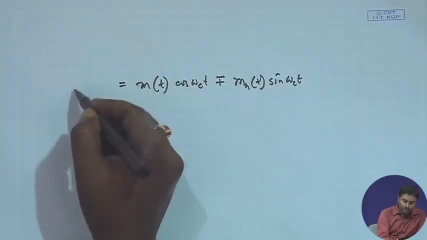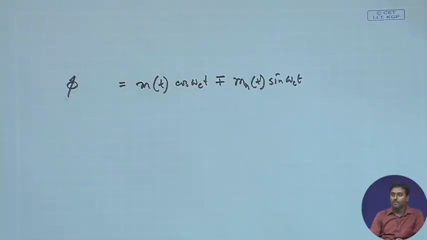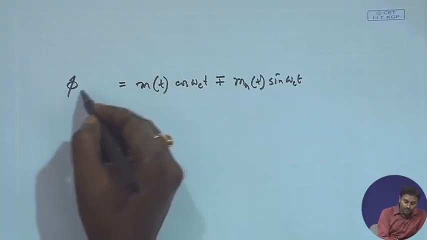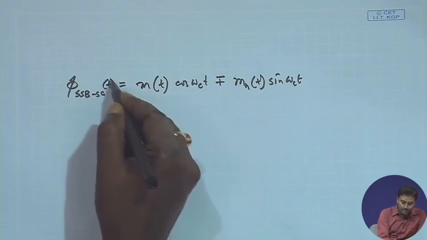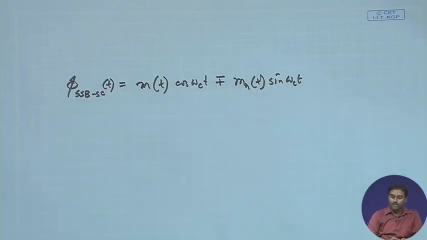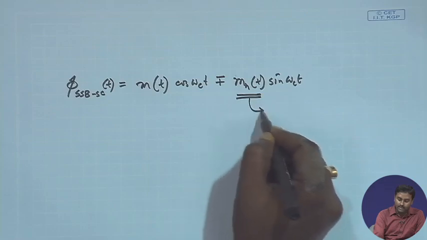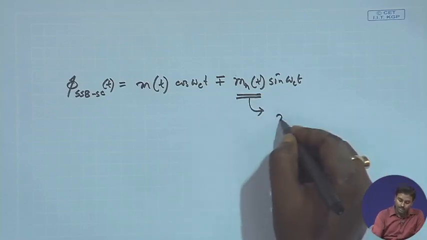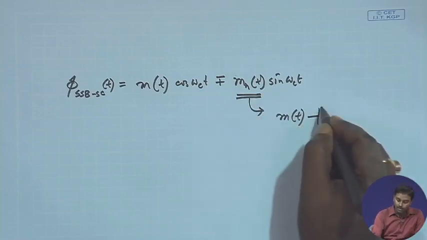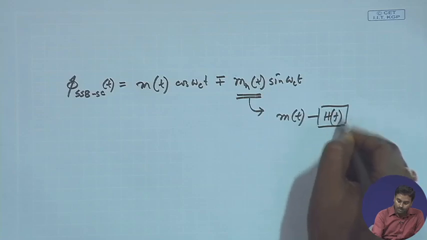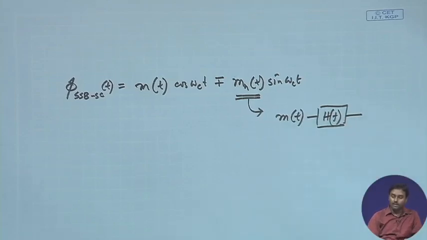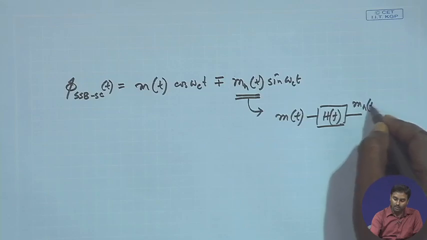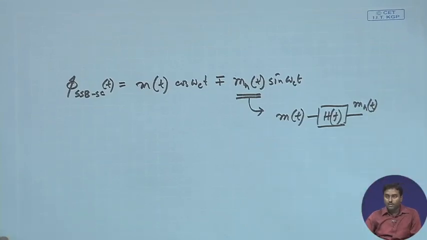We have proven from the spectrum that the SSB-SC signal can be represented like this, where m_h(t) is nothing but the Hilbert transform, that is, m(t) passed through the Hilbert transformer.